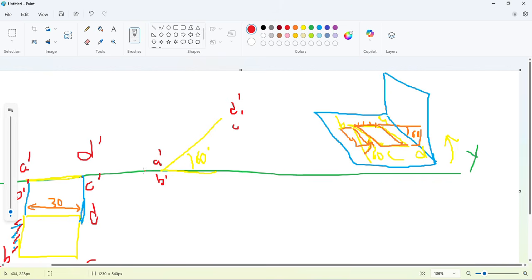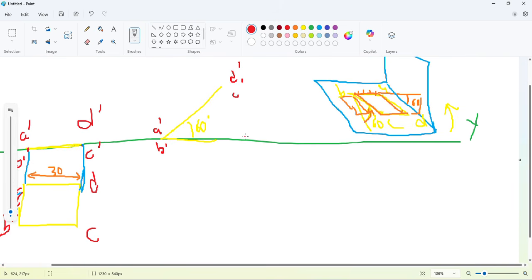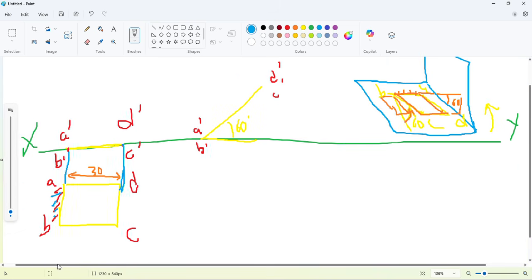Now from this front view, you have to trace out the top view. From this point A dash B dash, you know this point represents this edge AB.